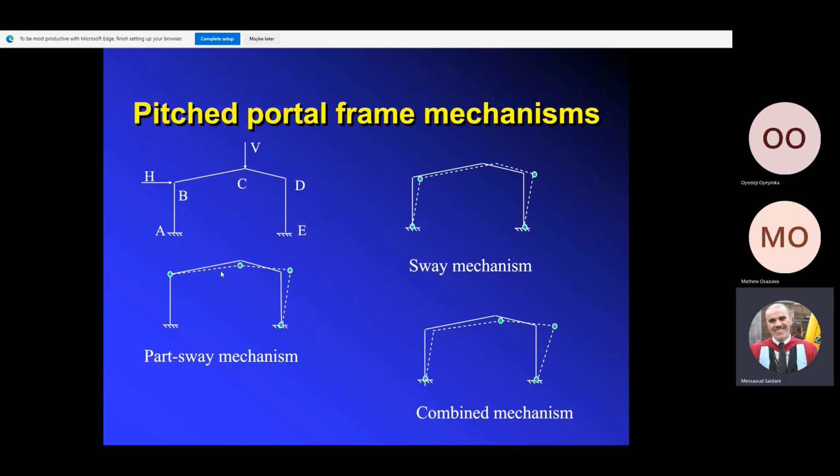In this case, you've got hinges forming at B, C, D, and E, and there is no hinge at A because this column does not deform. There is no rotation of this column, and therefore there is no hinge forming at A.